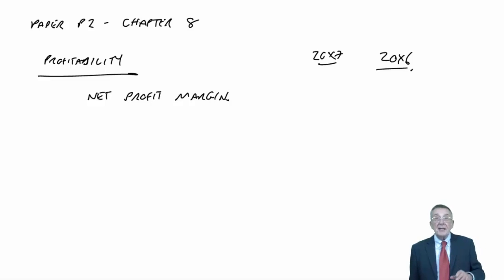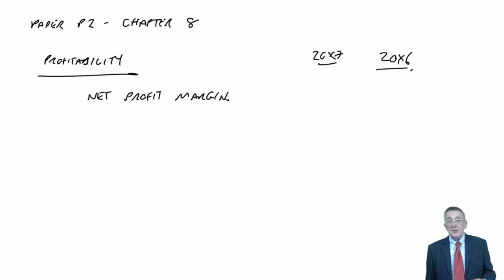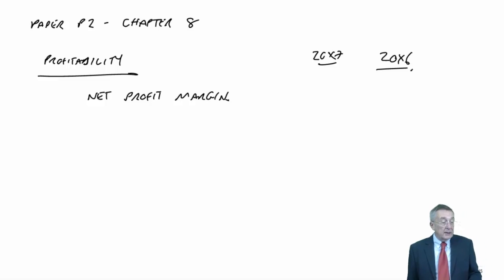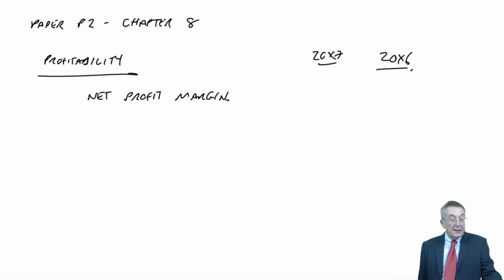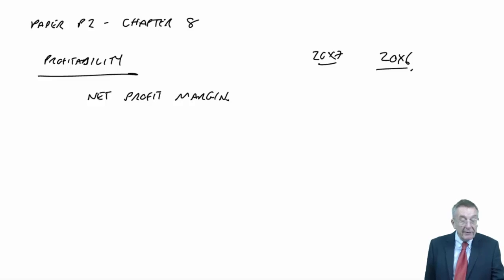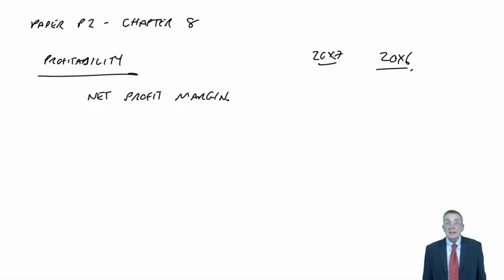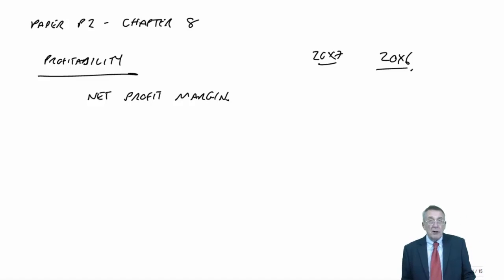Now, some people get a bit upset here because in other contexts, particularly in financial accounts, net profit tends to mean the very final profit, which here would be 478 in 20x7. However, for reasons I will explain in a minute, in these ratios, more sensibly, net profit is the net operating profit, the profit before charging interest and before charging tax.